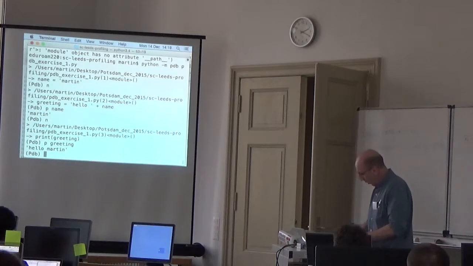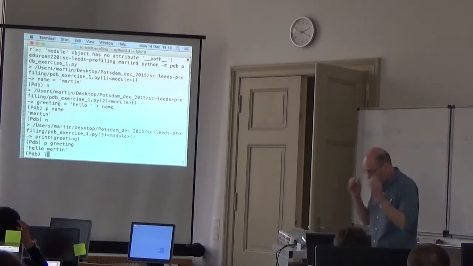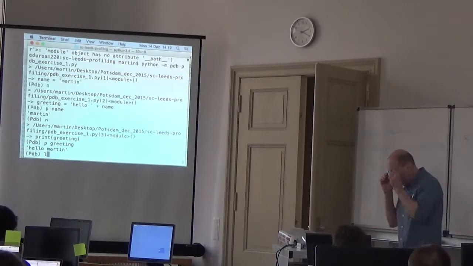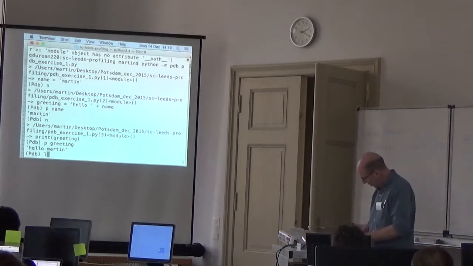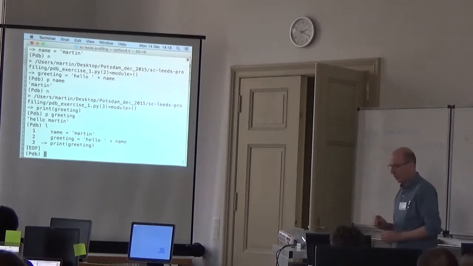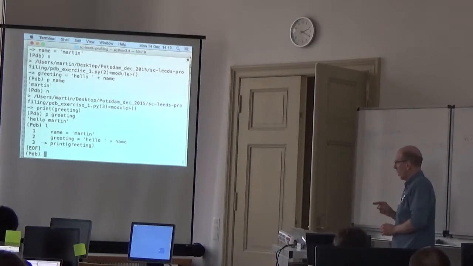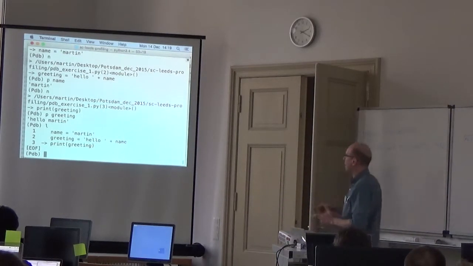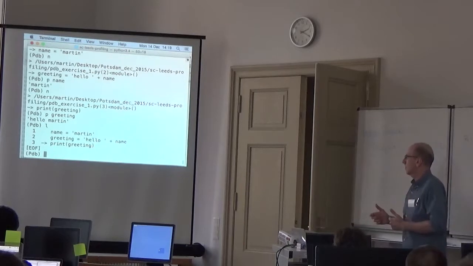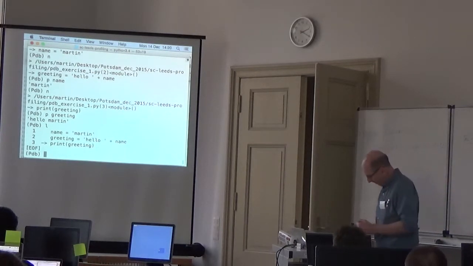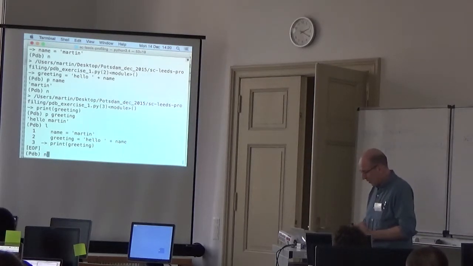Well, if there's any point we want to find out whereabouts we are, we can use the L command. What the L command does is it lists the source code and puts a little pointer to tell us where we are. So if ever we lose track of where we are in the program, L to list shows us where we are in the execution. We're almost at the end now, so let's hit N to do the next line.